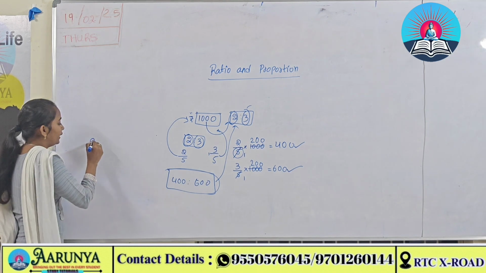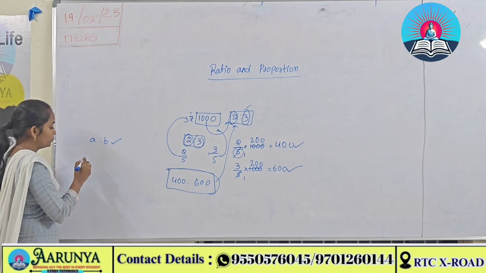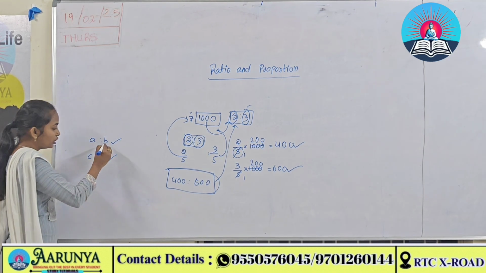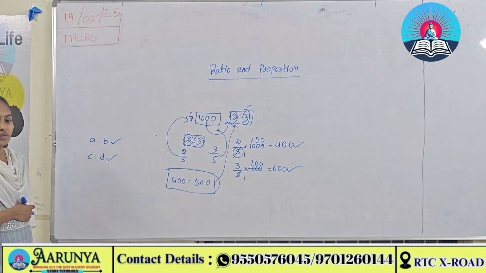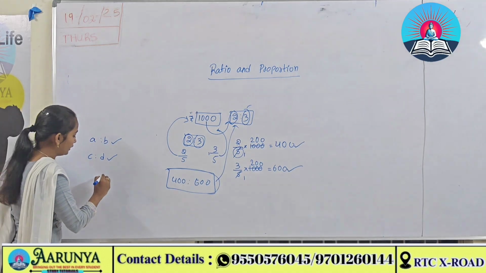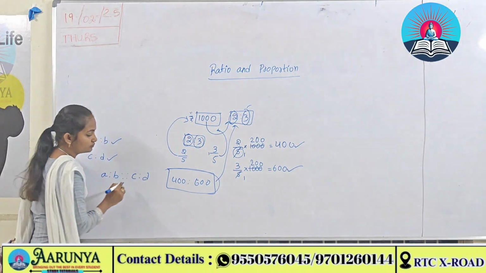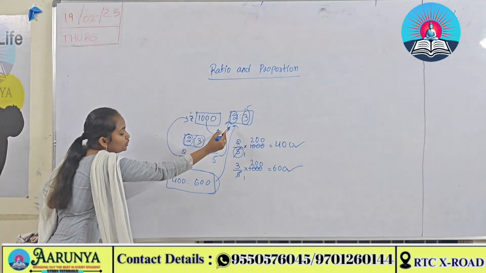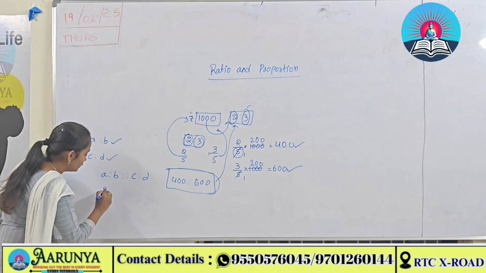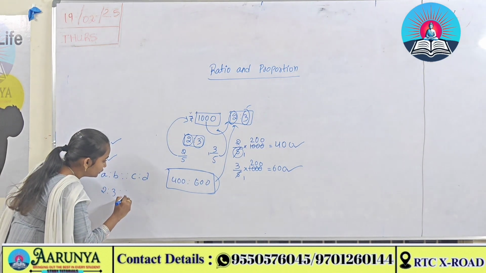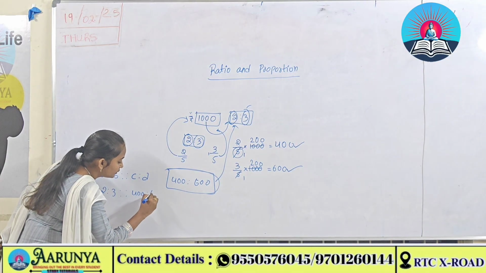See, A is to B is one ratio, C is to D is one ratio. If both are equal, how can I write this one? A is to B proportion to C is to D. If these two are equal, can I write this in this form? 2:3 is equal to 400 is to 600.